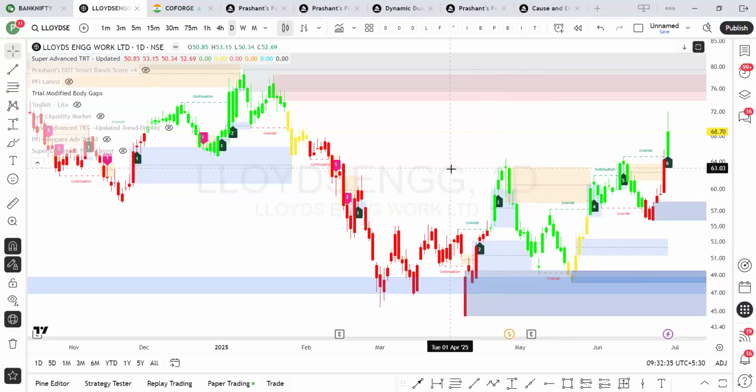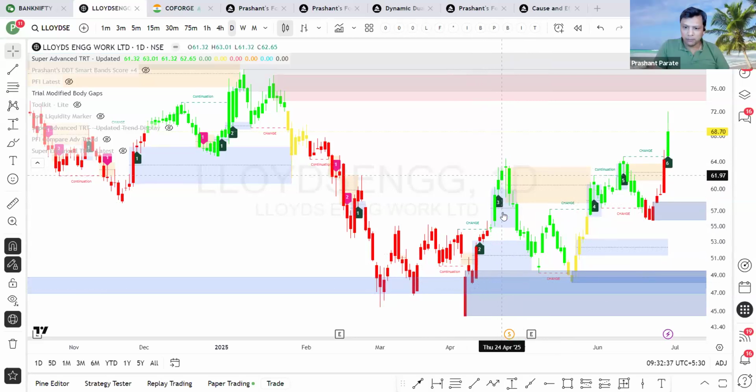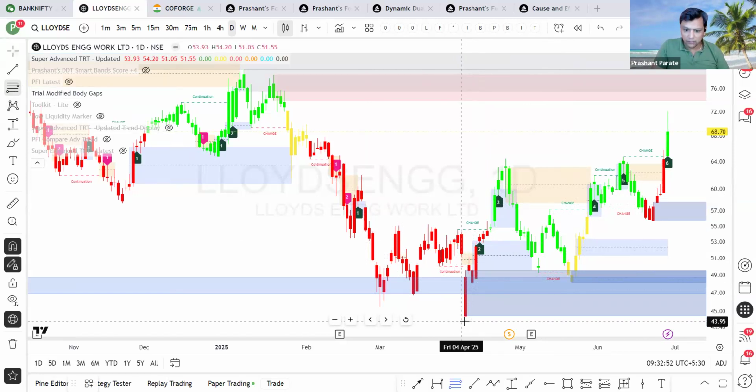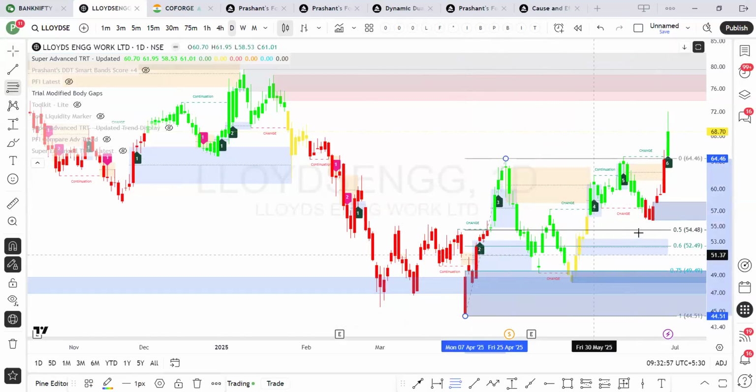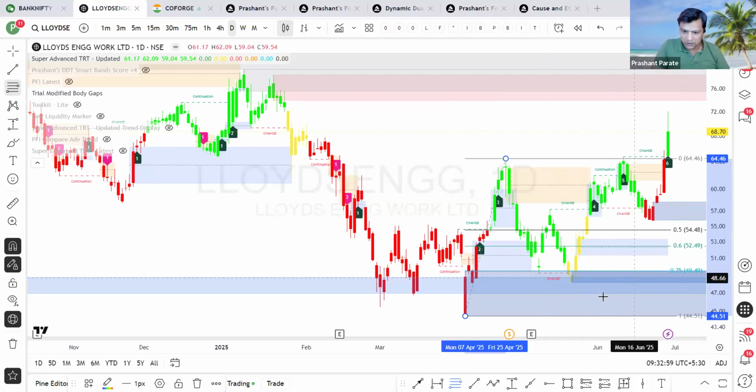So price went up, created strong hidden gaps also, but price came down and it was not respected. Price came in the buying area. Why? Because this is just a fresh uptrend and we expect 50 to 75% retracement. See, this is up to 75% retracement. Price came in the buying area also. It went below these strong hidden gaps.